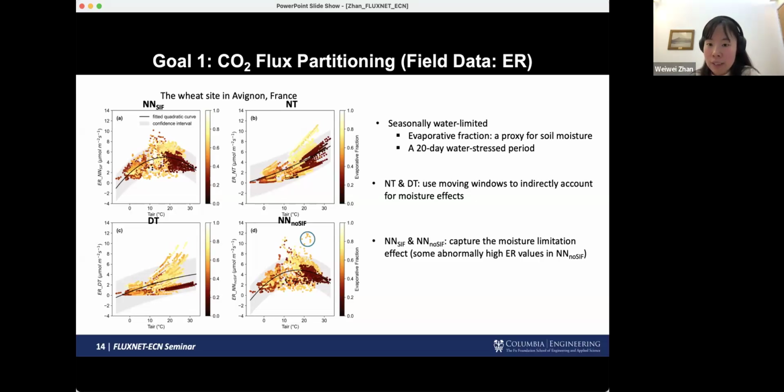Instead, they use moving windows to indirectly account for moisture effects. So in the nighttime method, respiration just keeps increasing with temperature, because in the equation it is defined as an increasing trend. We also notice that for the daytime method, the overall magnitude under the water-stressed regime is relatively low.